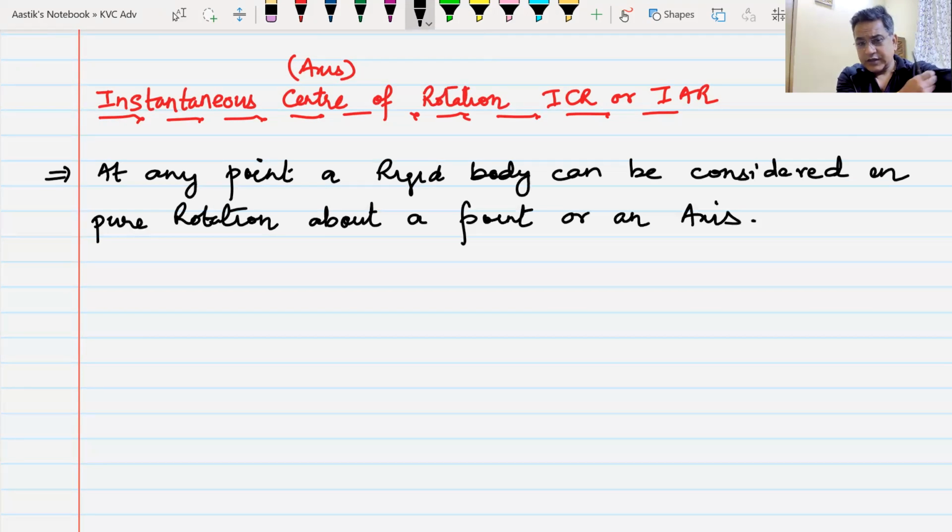Now, any general motion of a body can be considered as a combination of translation of the center of mass and rotation about the center of mass. Now, whenever we are taking a body as moving in pure rotation, as you can see what we had done here.